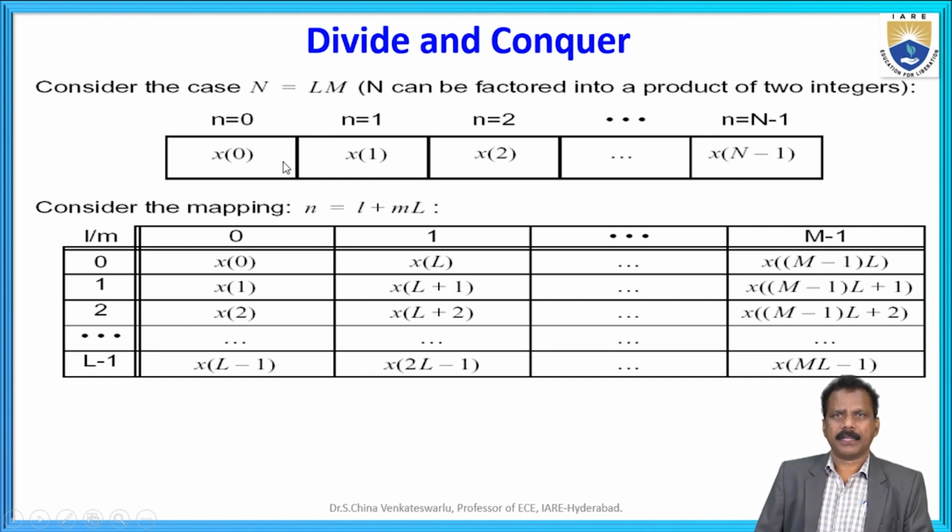Consider the mapping where small n is equal to l plus m times capital L. Go on substituting this value.